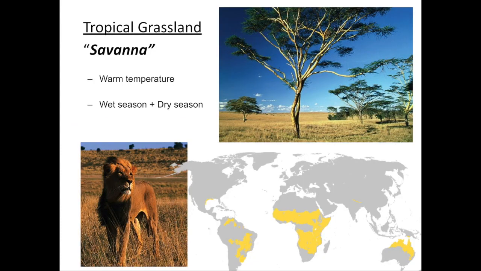Tropical grasslands or savanna. These are characterized by warm temperatures. There is a wet season and a dry season here as well. And the areas where we find these actually overlap with the tropical dry forests. Why are there fewer trees here?